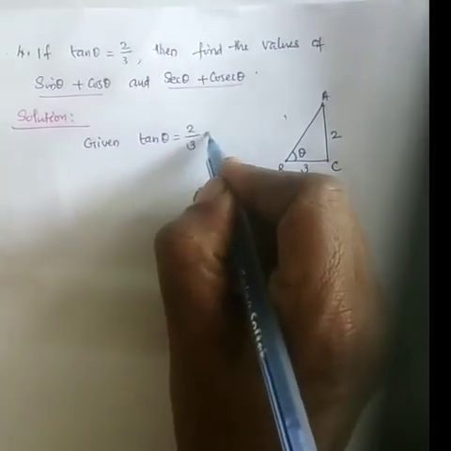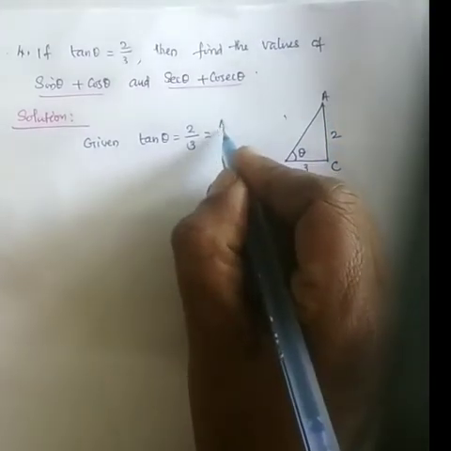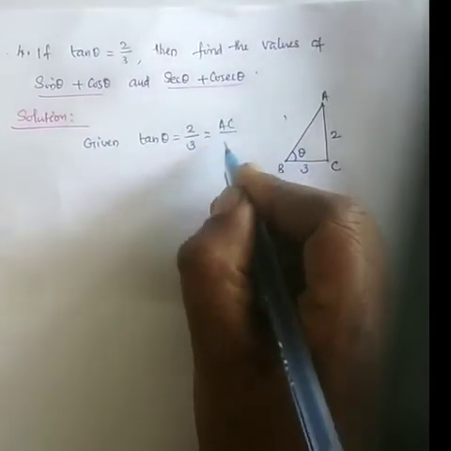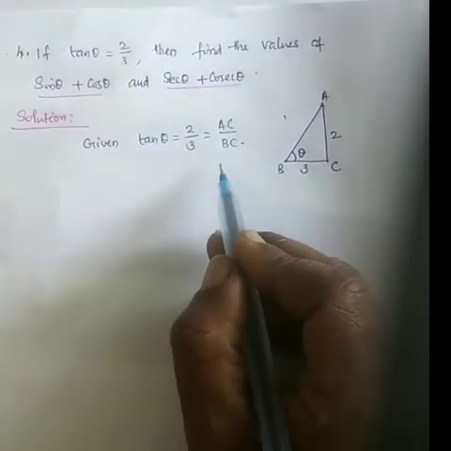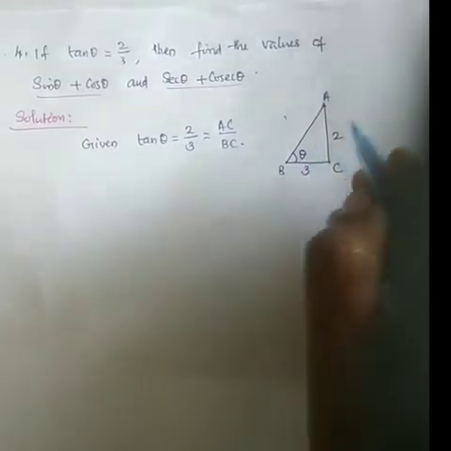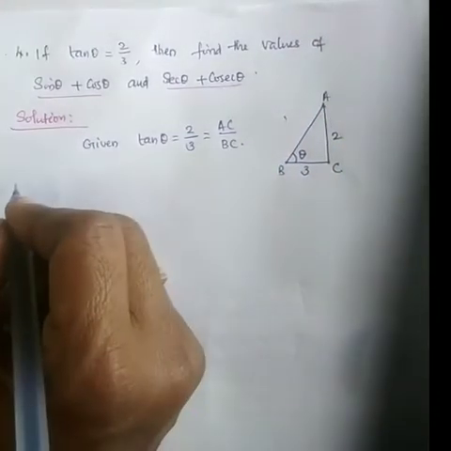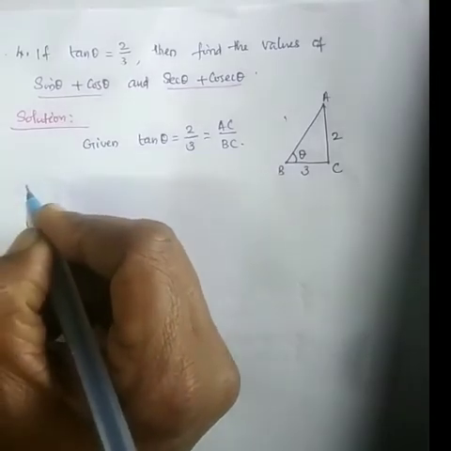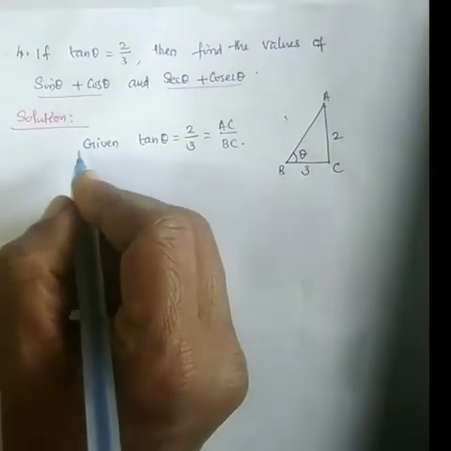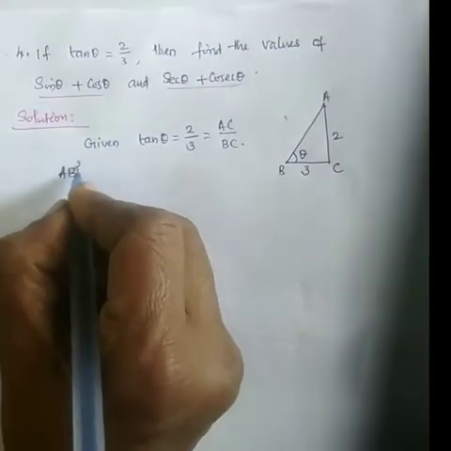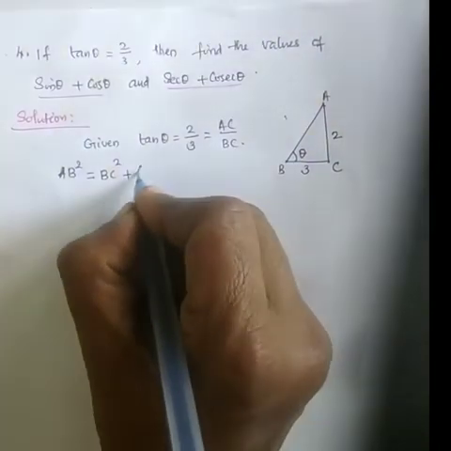Here the opposite side is AC and the adjacent side is BC. So tan theta can be written as AC by BC. Then we have to find the value of the side AB. Using the Pythagorean relation, in triangle ABC, AB square, the hypotenuse square, is equal to base square plus altitude square.